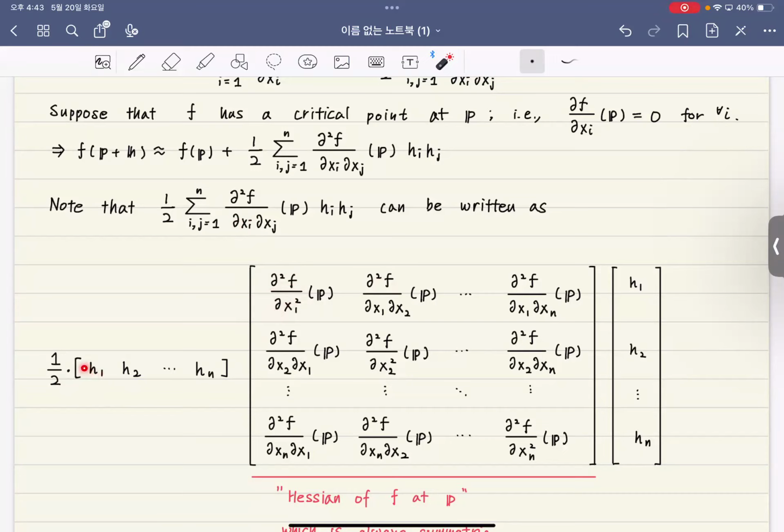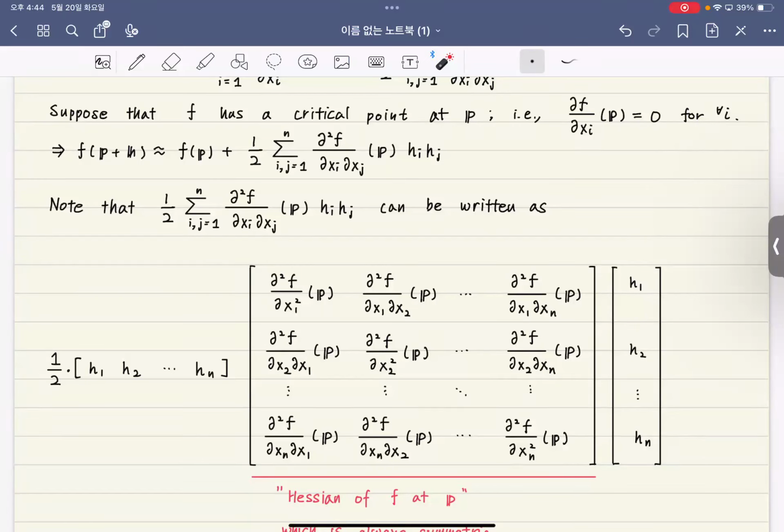This row times this column will be the first term that appears in this summation, and this times that is going to be maybe the second term in the summation, and so on. So I strongly recommend you try this by yourself.